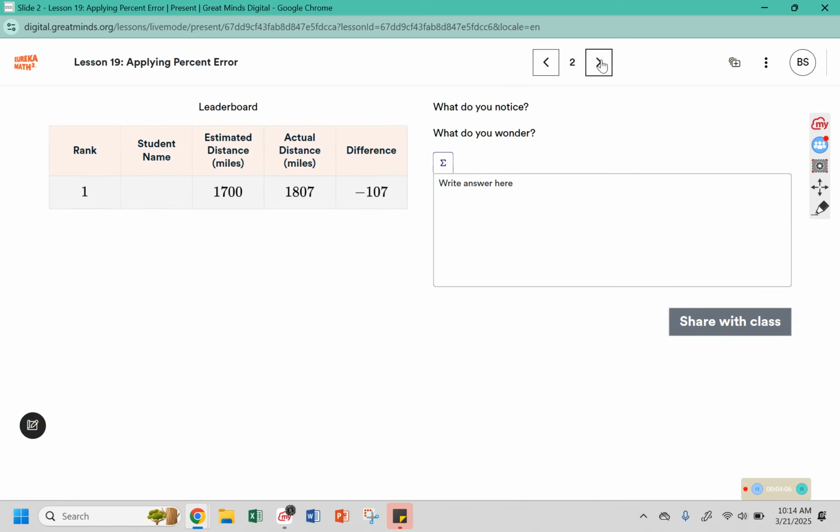What do you notice and what do you wonder? I noticed that I was off or incorrect. My error was 107 miles. And since I was under, I was below by 107. The actual distance is 1,807.